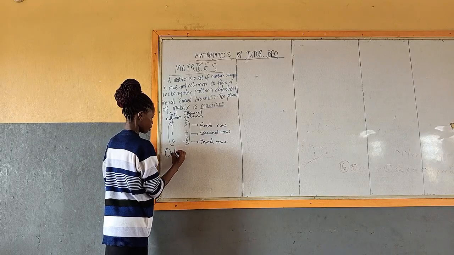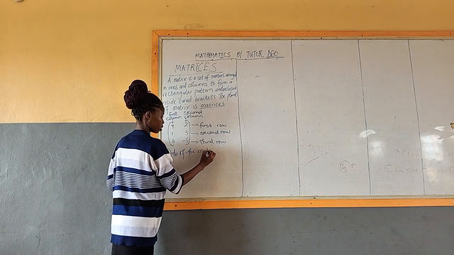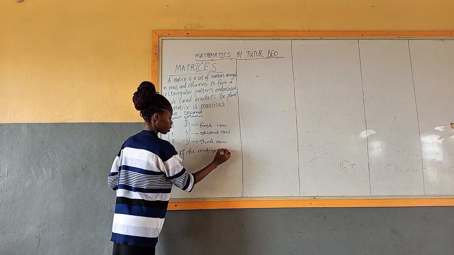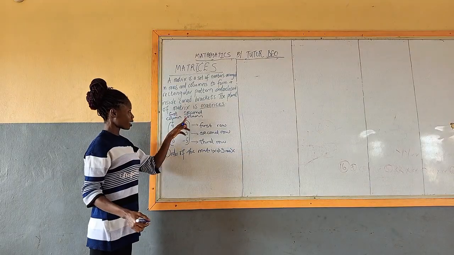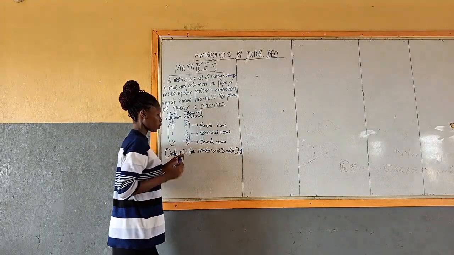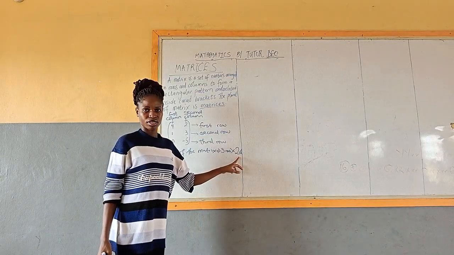The order of this matrix is 3 rows times how many columns? 2 columns, yes. So we have our order to be 3 by 2.